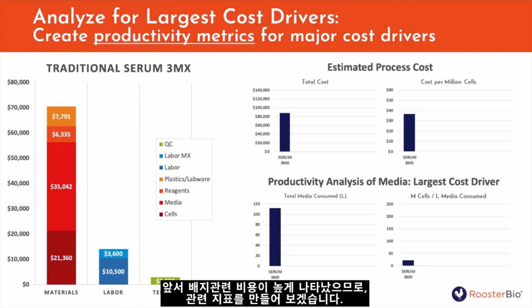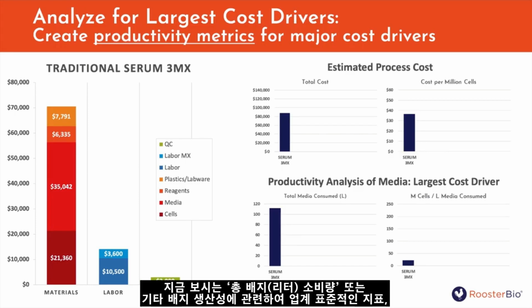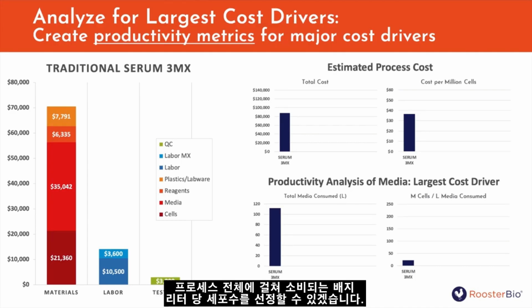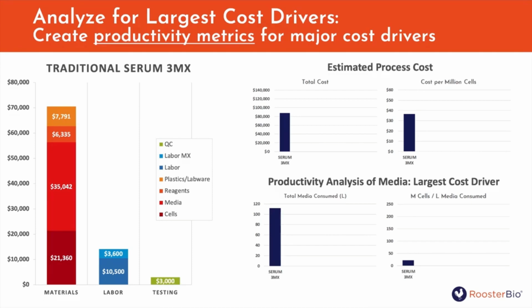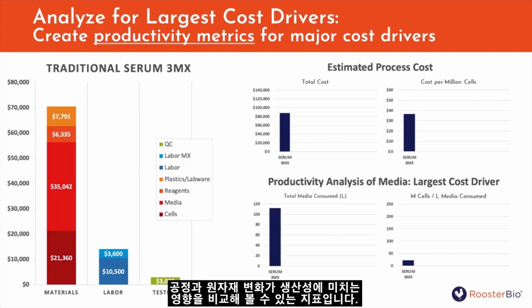As media has been identified as a key cost driver, we will also track some targeted metrics such as total media consumed, as well as an important industry standard measure of media productivity: millions of cells per liter of media consumed throughout the process. This allows us to compare the impact of process and material changes to specific key areas of productivity within our system.